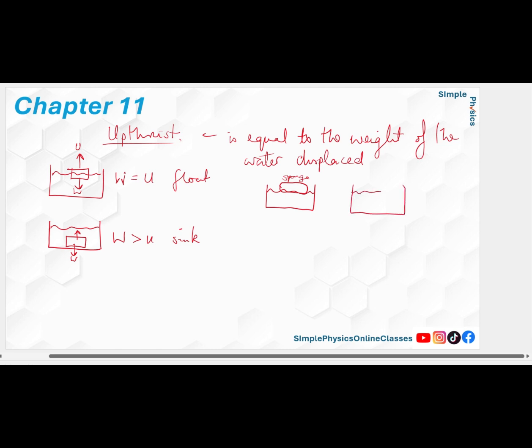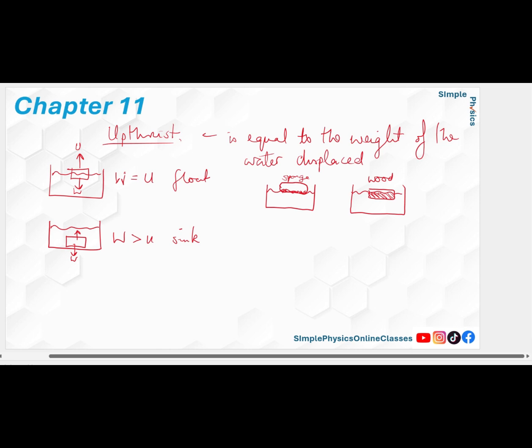But if you had a block of wood, which will float in water because it's less dense than water, most of it will be under the water. Let's say they both had the same dimensions. So why is it that the wood sinks further? Can you see? The wood is sinking further, yet the sponge isn't.